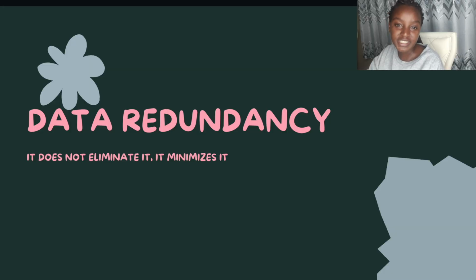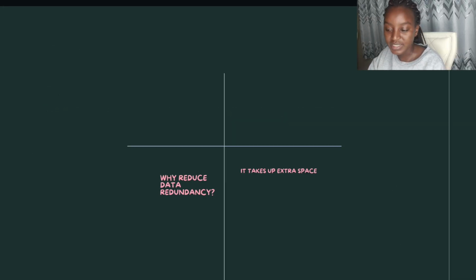So what are the advantages of reducing data redundancy? Why should we do it in the first place? For one, it takes up extra space, so we need to reduce that space used, because at the end of the day we do care about data, we do care about space, we do care about cost, and even managing that data and analyzing it matters.